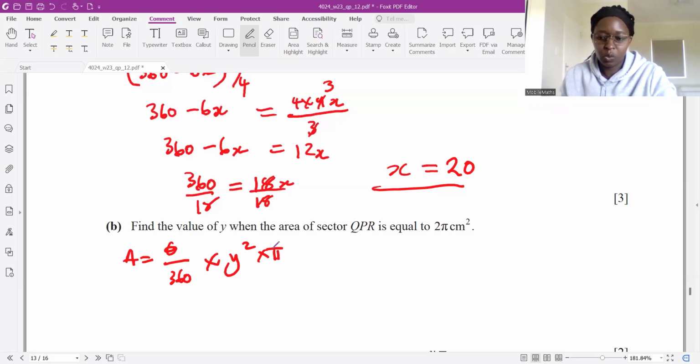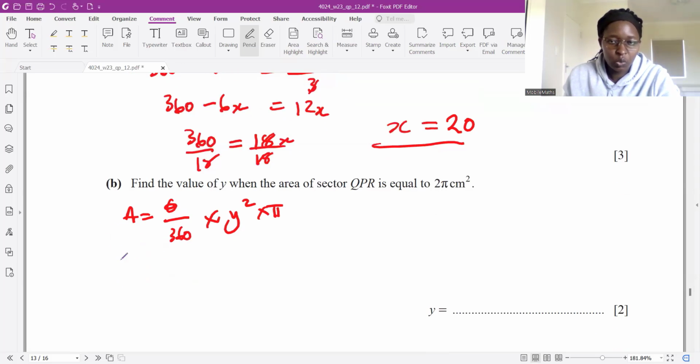Our theta, we said it's 20, right? So area we are saying is 2 pi. So we have 2 pi is equal to theta, which is now 20 over 360, times our y squared times pi. The pi's can go away.